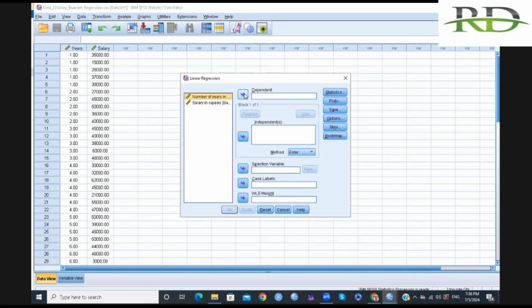If R square is not enhancing, not approaching 1, and we keep adding independent variables, then the model is not going to be good. It means the variables are not related to that Y, so that they may change Y with the change in themselves. They may be independent of each other, but they must be dependent with Y.